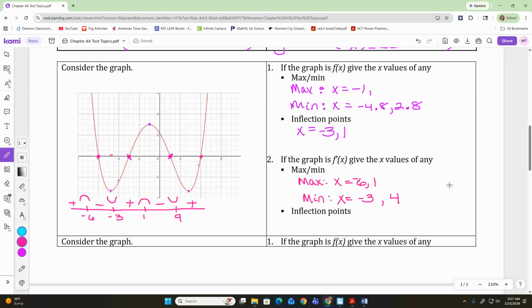The inflection points. If I am looking at the derivative, inflection points are when the second derivative is 0, right? If I'm already looking at the first, I'm asking myself, when will the derivative of this be 0? So I'm saying, where do we have horizontal tangent lines? Here, here, and here.